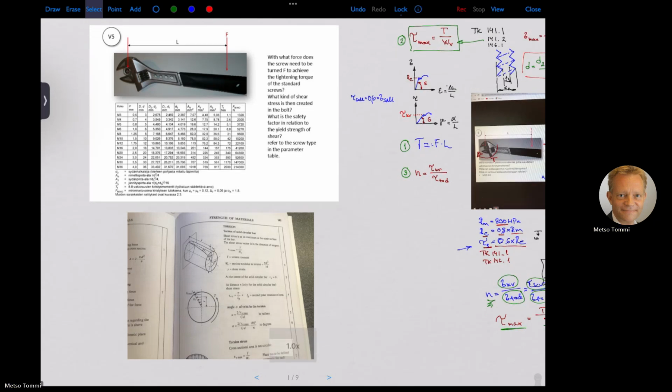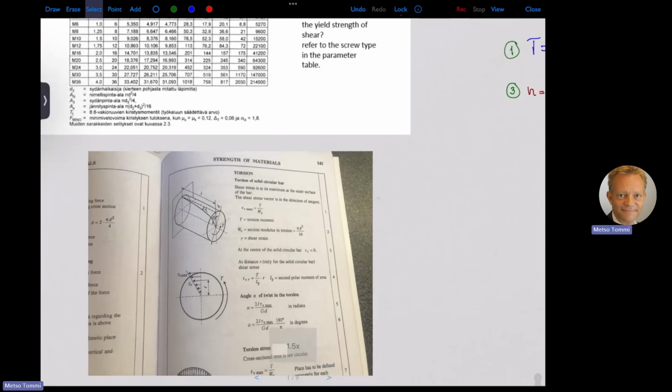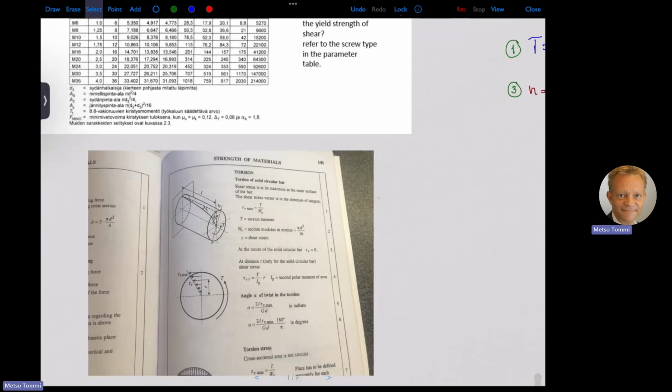What's very convenient, all the formulas that you need in this section you can find from this technical formulas book in one page, all these important formulas.